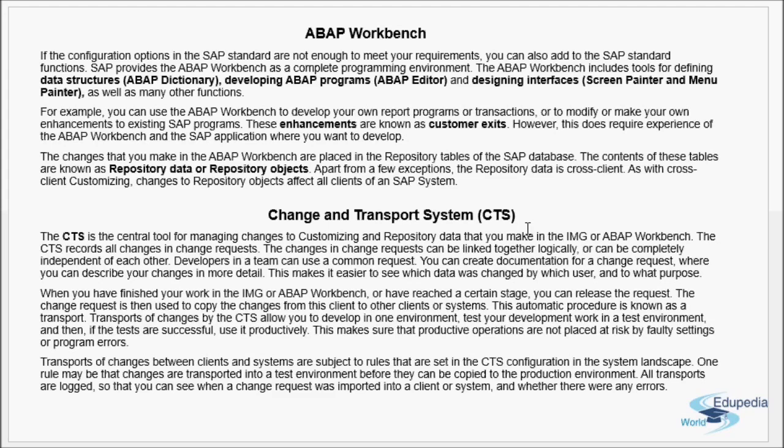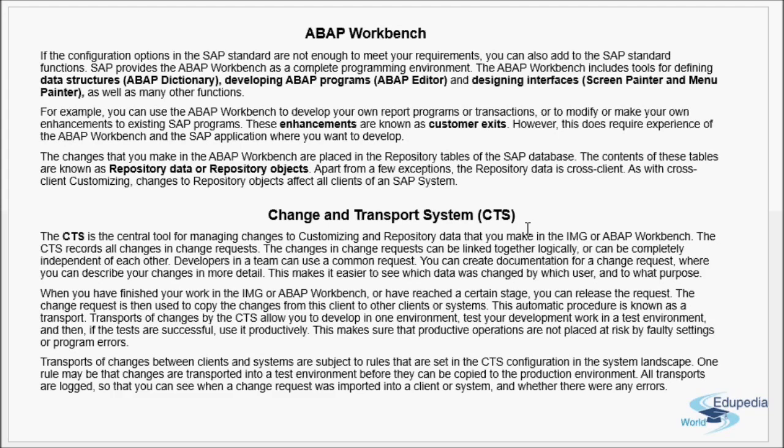So if you make any changes to customizing data or repository data, that is recorded in a change request, and these change requests can be dependent on each other or independent. Developers in a team can use a common request also, and you can add documentation to a change request where you can describe it in detail.